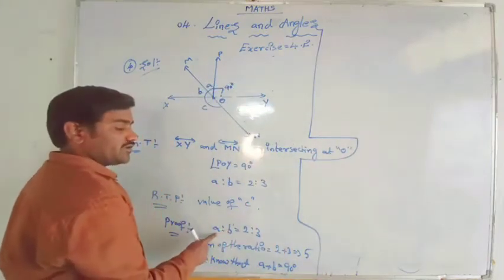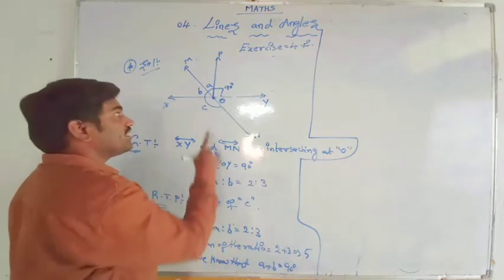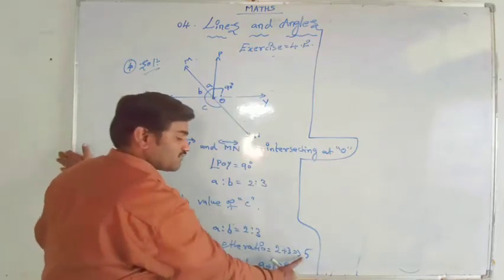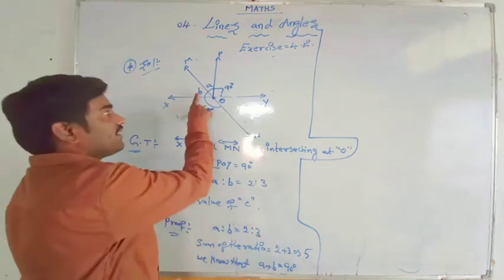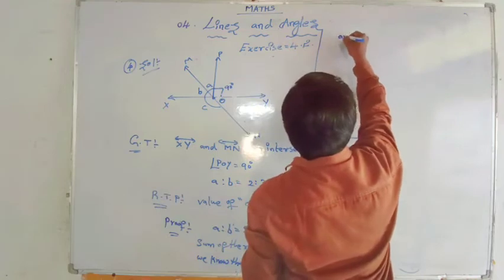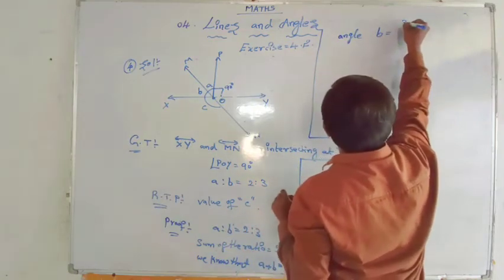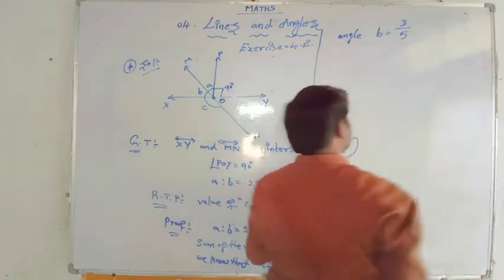If you need the A value, it is given ratio by sum of the ratio into 90 degrees. If you need the B value, it is given ratio by sum of the ratio into 90 degrees. But we need the B value; we don't require A right now. So angle B equals given ratio 3, sum of the ratio 5.